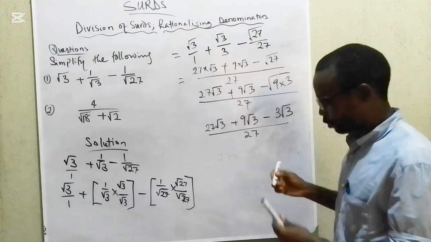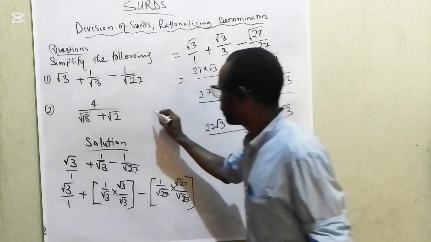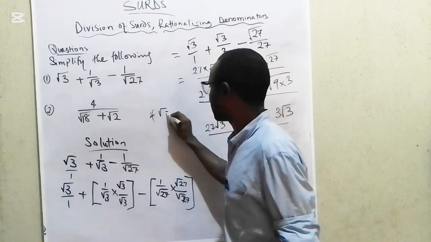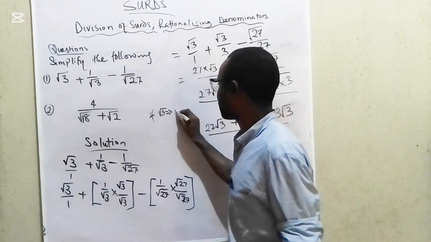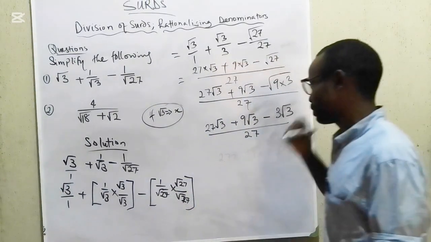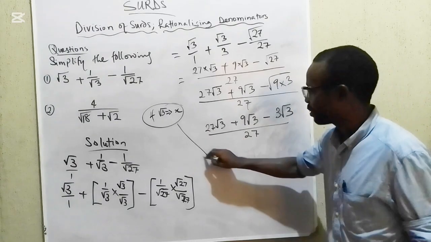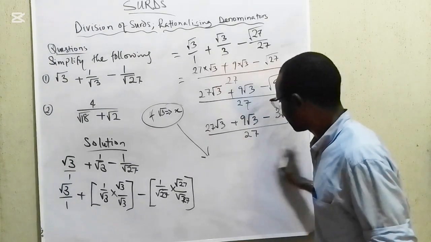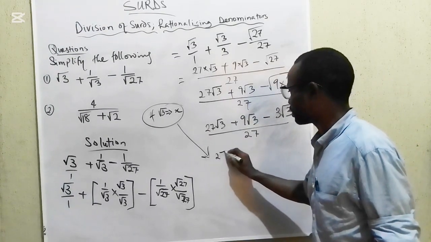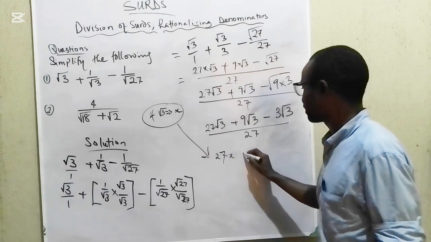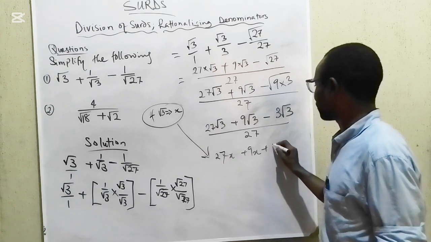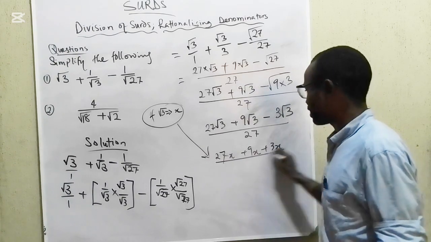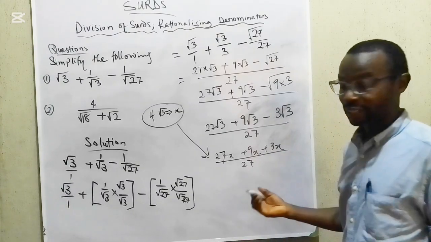That is, if root 3 now represents x, right? So in this place down, we can say 27x plus 9x minus 3x, right, over 27. I'm just using that as an example.